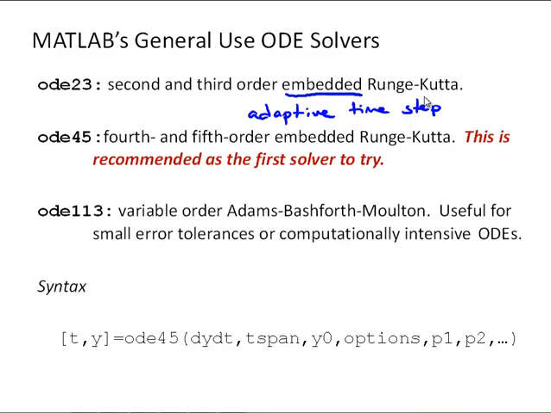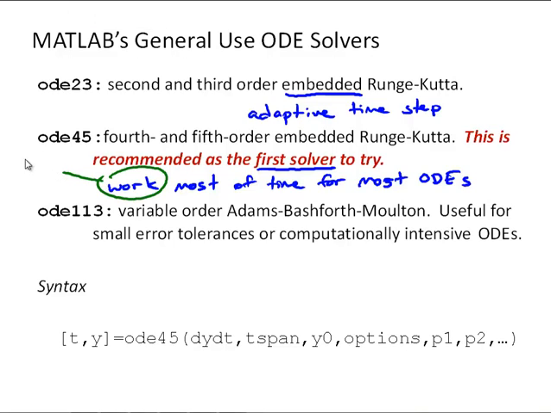This solver is recommended by MATLAB as the first solver to try, meaning it's probably going to work most of the time for most ODEs. And when I say work, that means a stable and accurate solution. But sometimes it won't work and we need to use another method.